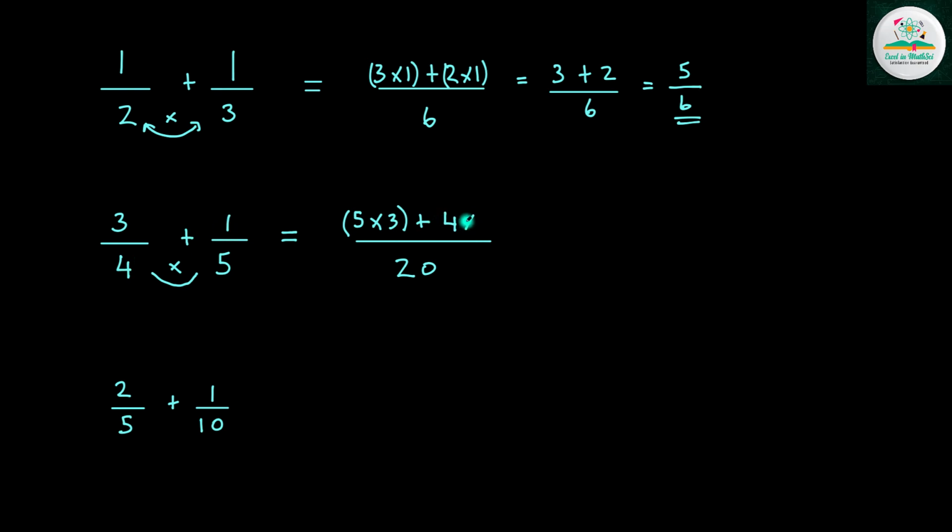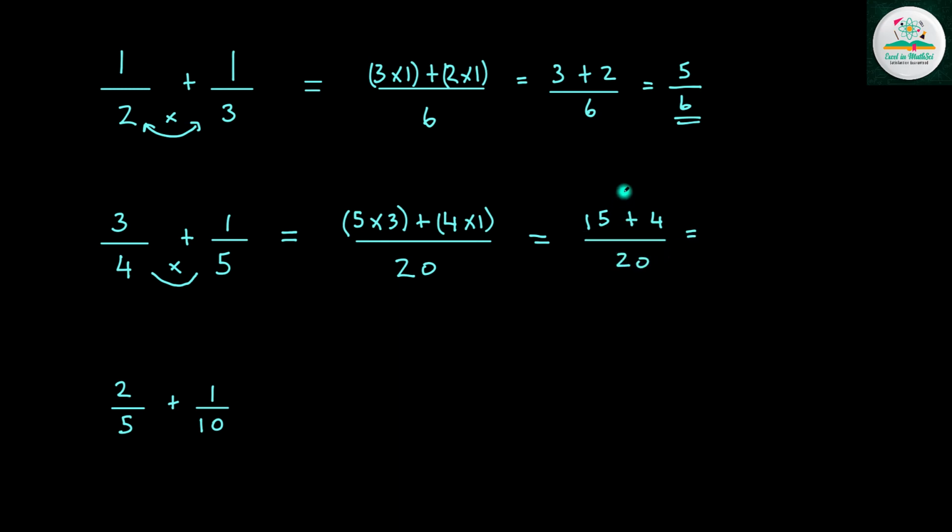So 5 times 3 is 15, plus 4 times 1 is simply 4, and that's over 20.